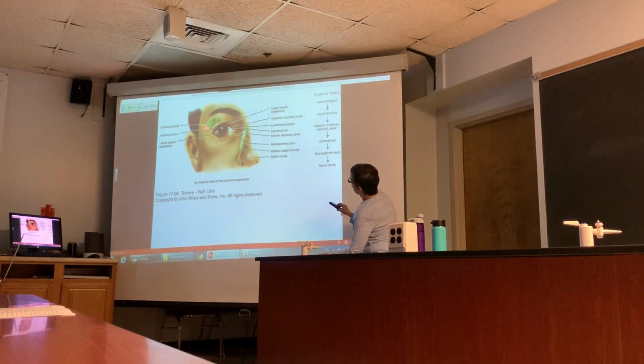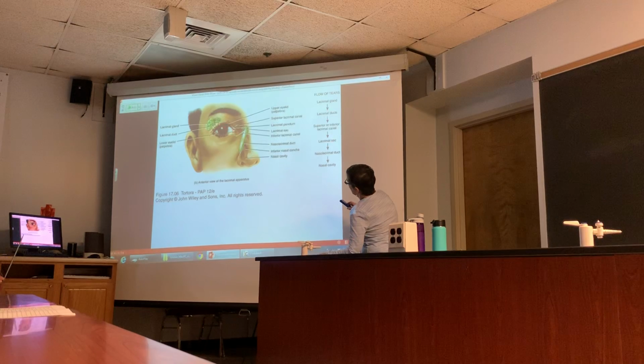So here in green is the location of the tear glands. They're above the eye on the lateral side, wedged in between the bone and your eye, just above your upper eyelid, and they release tears laterally. The tears then wash medially and drain down these ducts to the nasolacrimal duct, which carries tears to the inside of your nose.